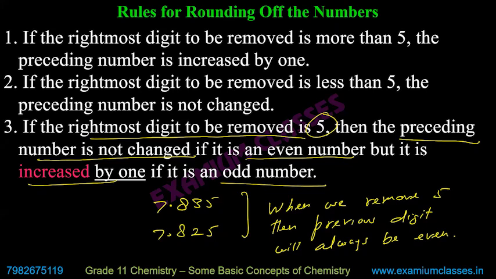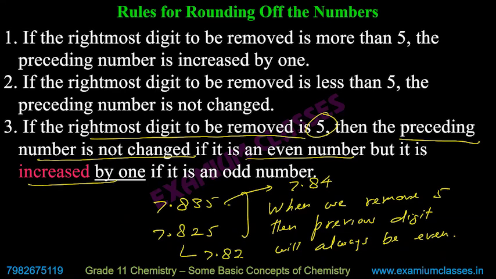So it means for this first one, it will be 7.8. 3 is not even, make it even. Add 1. For this one, 7.82, 2 is even, leave it as it is. It is already even. Otherwise, the rule is simple. Greater than 5, add 1.